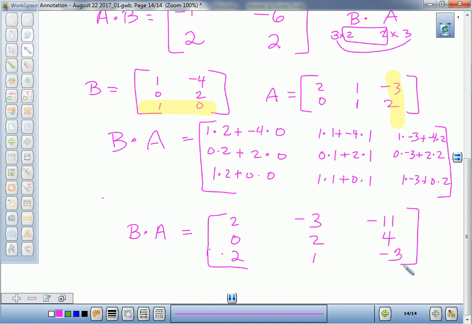Okay? So now I've done the whole first row. So I'm going to slide down to the second row, and I'm going to start back over. So this row times this column. So we have 0 times 2 plus 2 times 0. Okay? Now we'll do the next column.